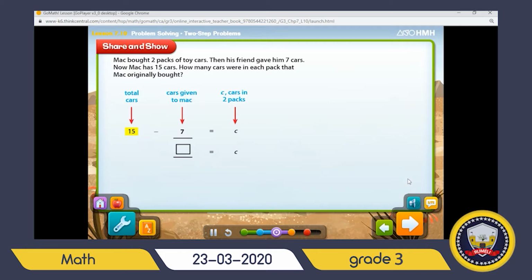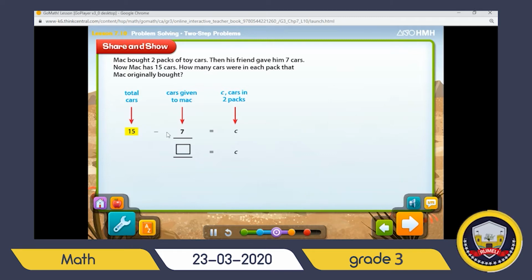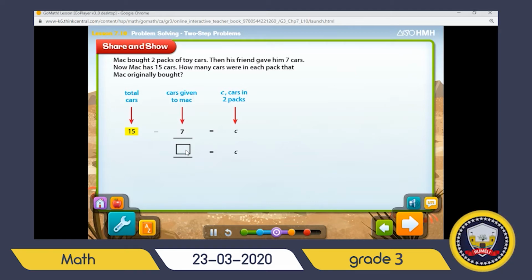Of course I'll get 8, right? 15 minus 7, and then I'll get 8. 8 represents what? 8 cars. Mac has 8 cars before his friend gave him 7 cars. It means Mac has 8 cars after he bought 2 packs of toy cars.